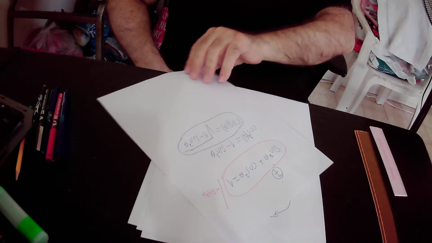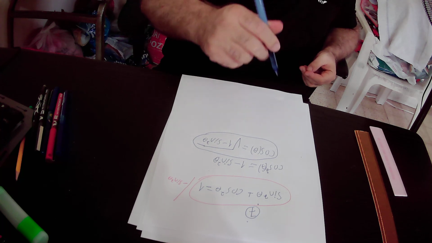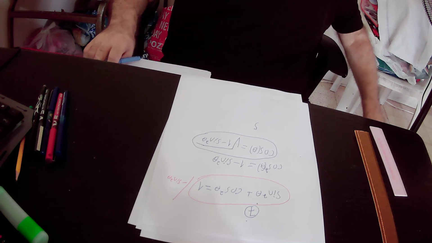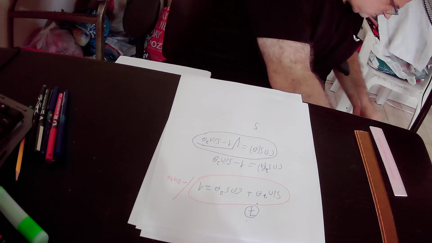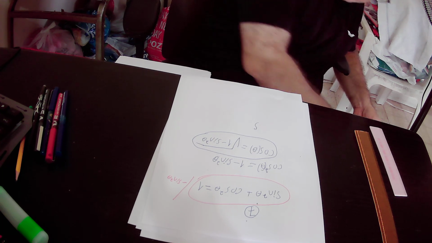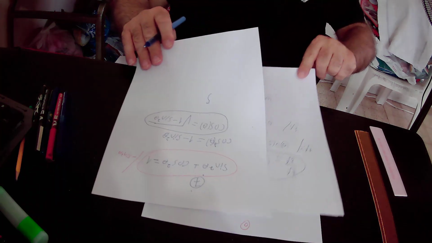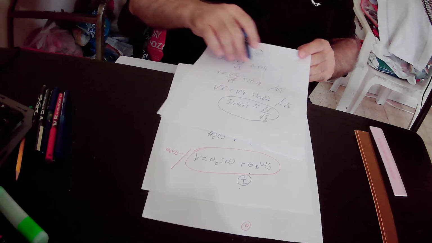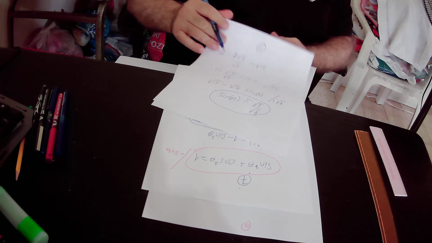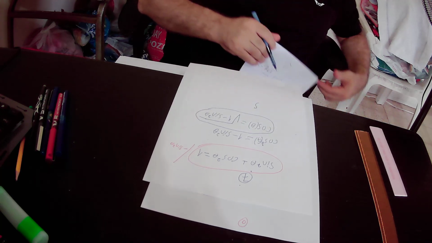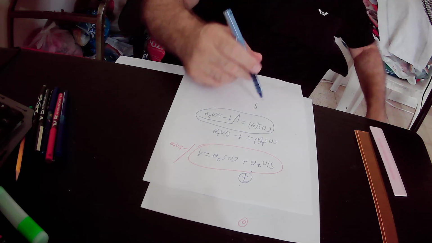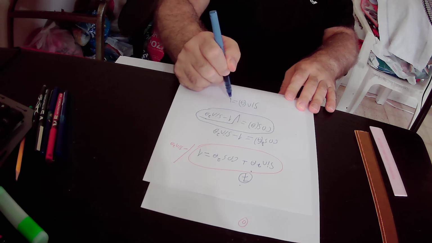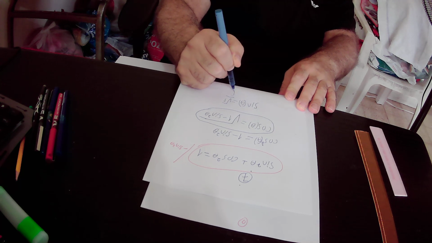But we have already found that sinus theta equals to the root of 3 over root 7.